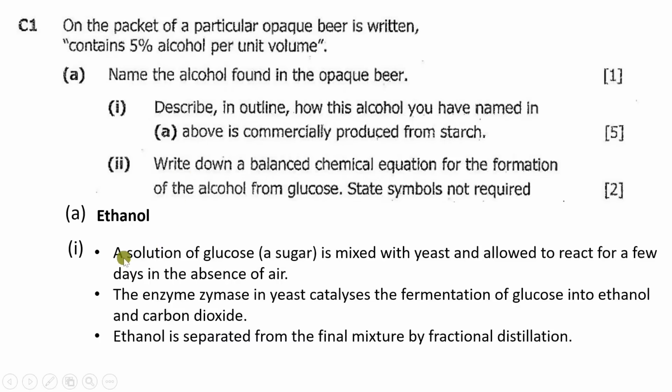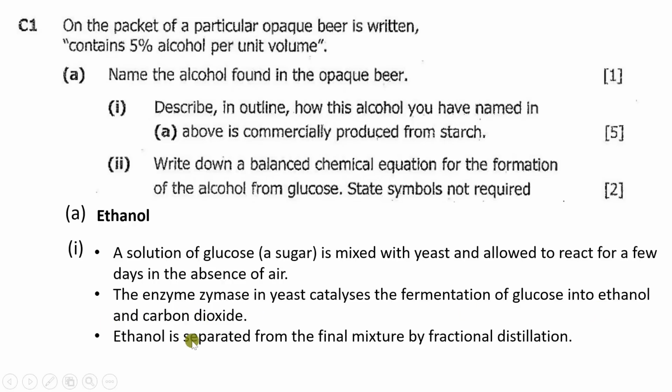So here we said a solution of glucose or sugar is mixed with yeast and allowed to react for a few days in the absence of air. Then 2, the enzyme zymase in yeast catalyzes the fermentation of glucose into ethanol and carbon dioxide.